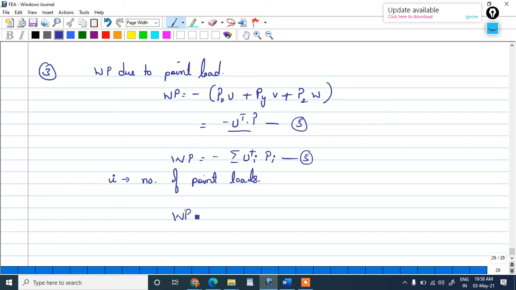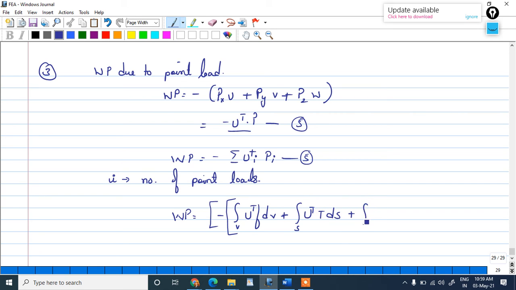Work potential is nothing but, I should consider all body force, traction and point load, that is given by minus integration over volume of u transpose F dV. Next, I will write a bracket here, minus, plus, when I take a minus, I will be having plus integration over S, surface force, u transpose T into dS.